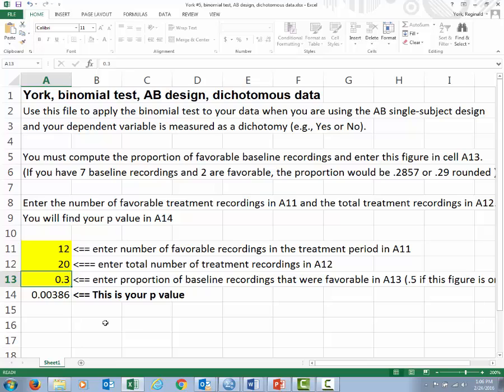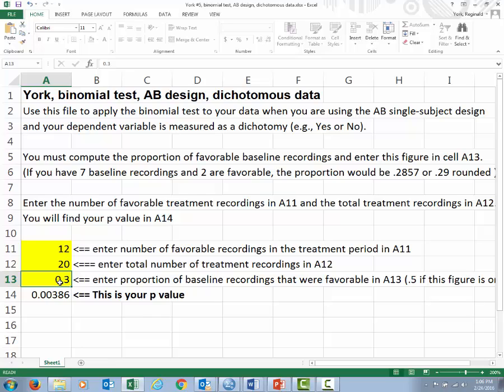So here we see that the number of favorable recordings in the treatment period was 12. The total number of recordings during the treatment period was 20. The proportion of baseline recordings that were favorable is 0.3, which means 30% of the baseline recordings were favorable. So is this combination, 12 out of 20, significantly better than a fraction of 0.3?